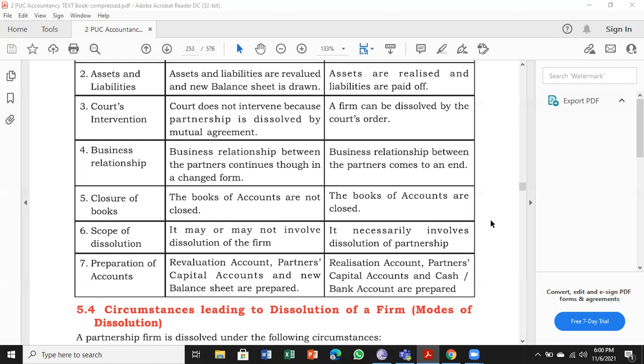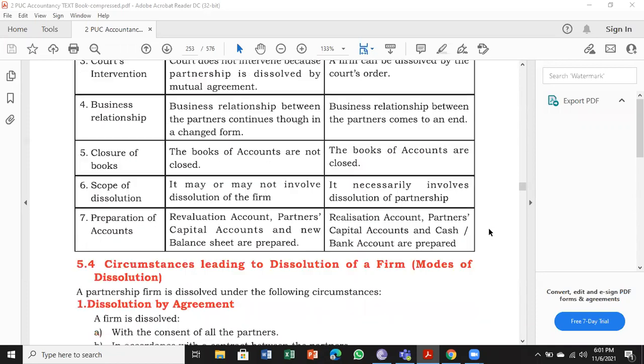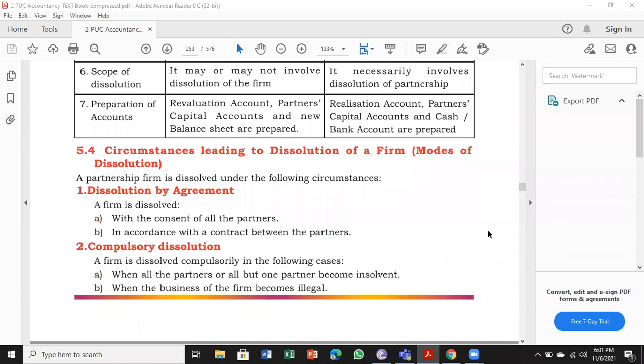We call it the revised balance sheet. But when the business is closed, that is, dissolution of firm happens, 3 different accounts are prepared under this situation. First is realization account, partners' capital accounts, and the last one, cash or bank account. So 3 accounts are prepared when the business is being closed.